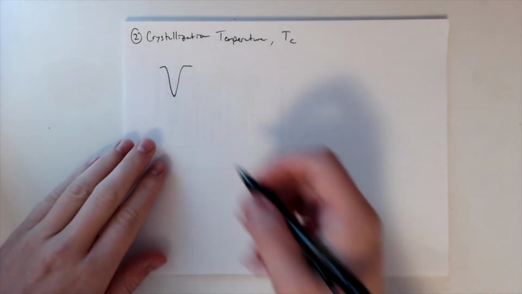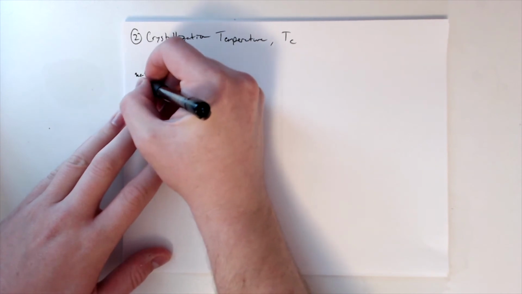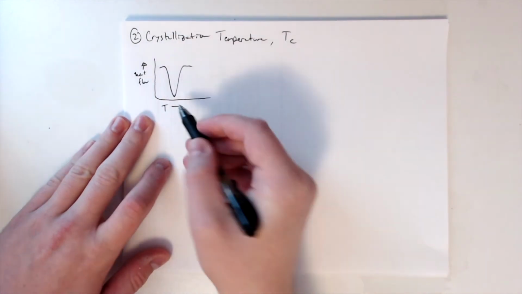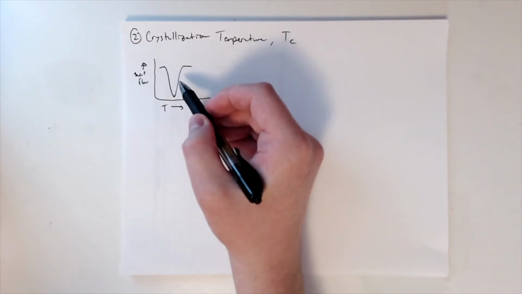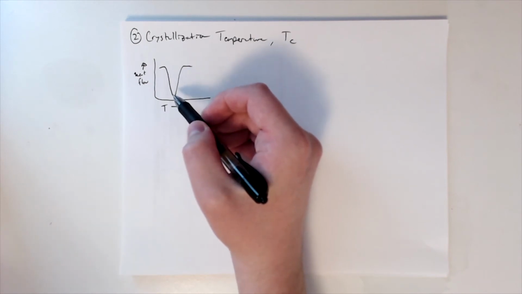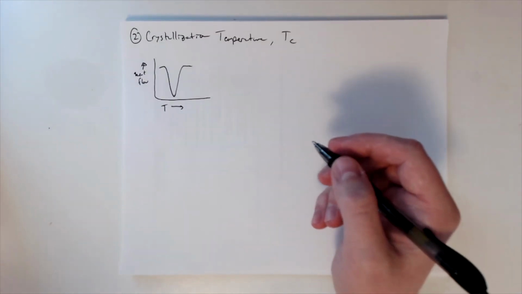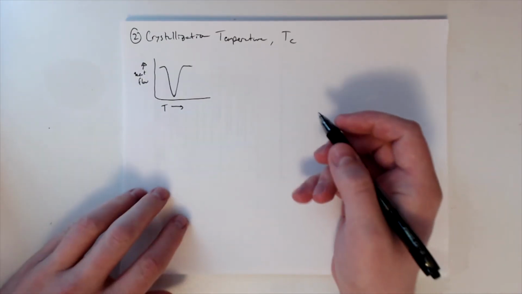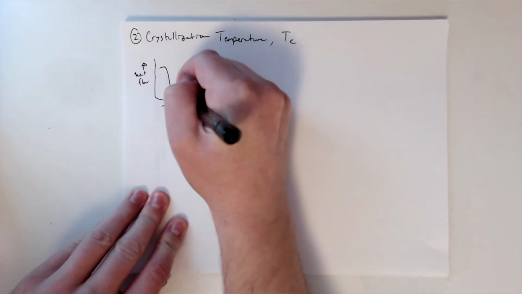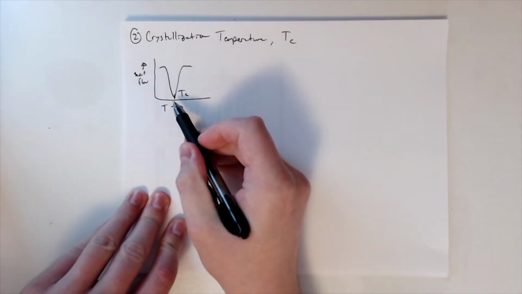All right, so let's look at the crystallization peak. So I've just drawn the crystallization peak, and this is again heat flow versus temperature. And crystallization, this is the exothermic peak, so it's down in our configuration. So from the data that we have here, we can get the peak location here. This is Tc, so we use the peak as that point.